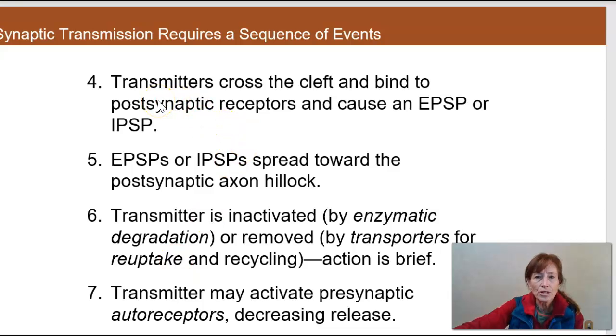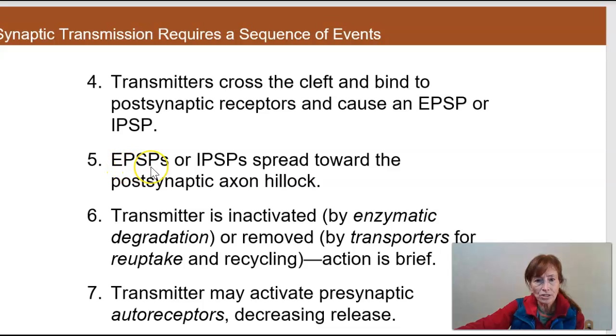Once those neurotransmitters are out there, they can cross the cleft. They can bind then to whatever receptors are found on the postsynaptic side of the neighboring neuron. And then there's two possibilities. One, we can get an excitatory postsynaptic potential, or an EPSP, or we can have an inhibitory postsynaptic potential, or IPSP, depending on which of those receptors are activated on that postsynaptic side.